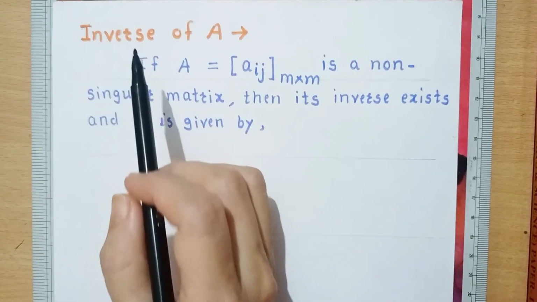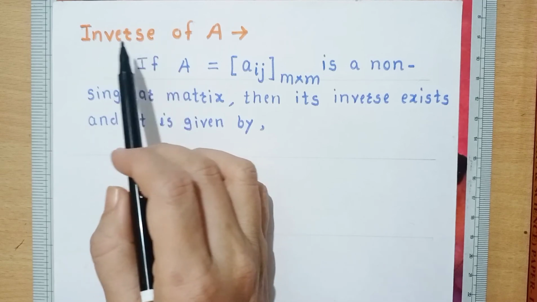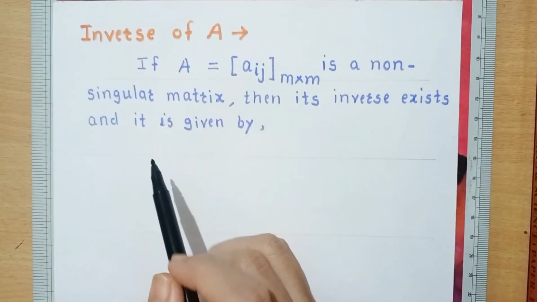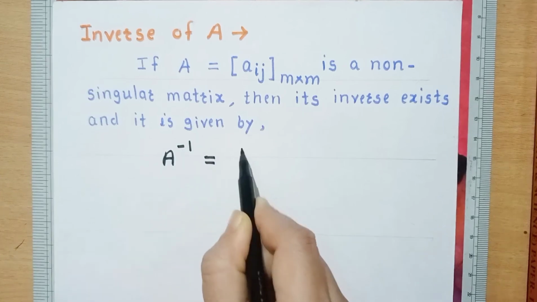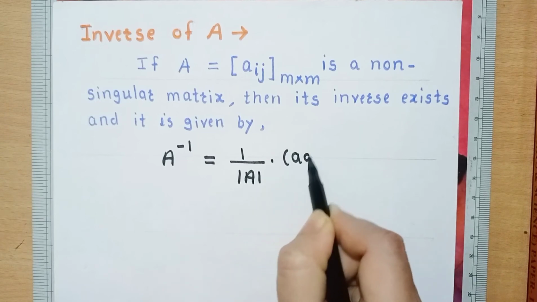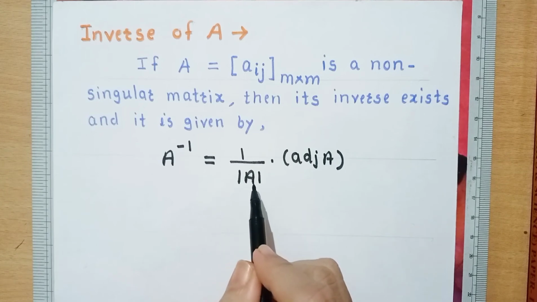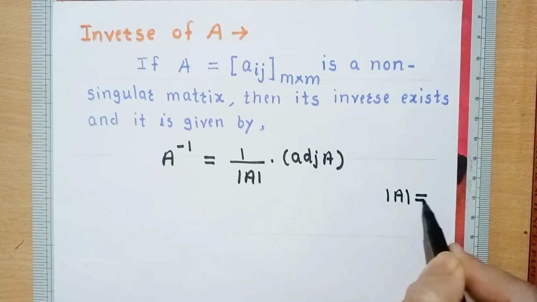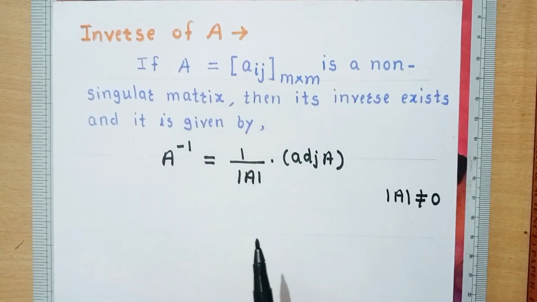After finding the minors, cofactors and adjoint of A, we can write the formula for the inverse of A. If A is a non-singular square matrix, then A inverse is given by 1 upon determinant of A times adjoint of A. Now check here, the determinant of A is in the denominator, so this should not be equal to 0, and so A must be a non-singular matrix.